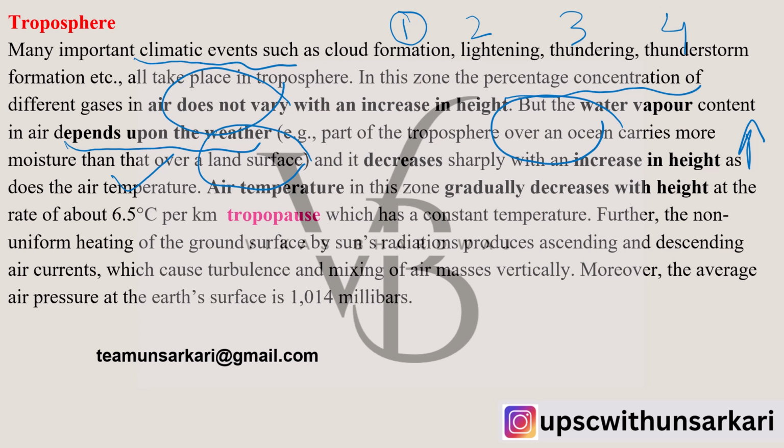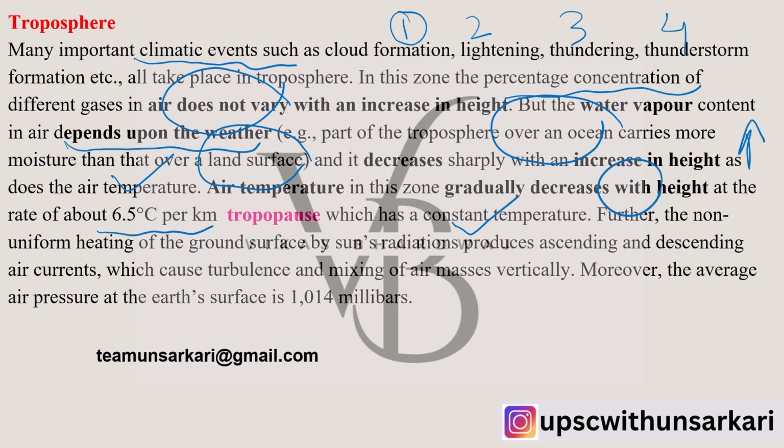That means air temperature in this zone gradually decreases with height at the rate of about 6.5 degrees Celsius per kilometer. At the tropopause, there is a constant temperature.